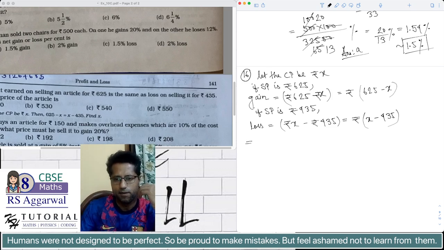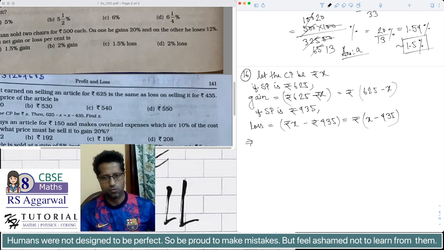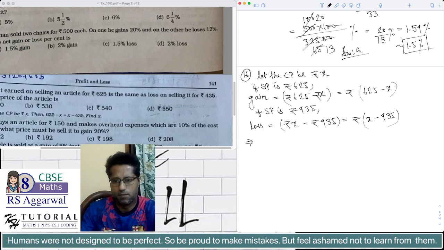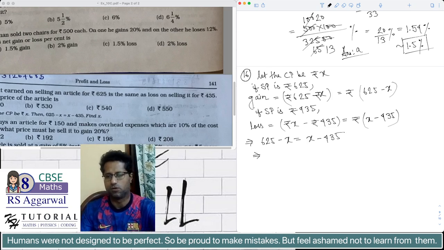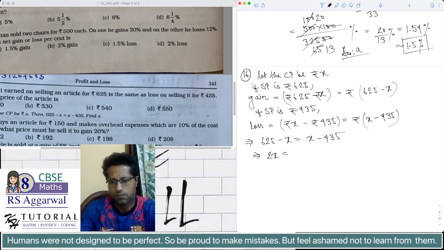Now it is given that the gain in the first case is equal to the loss in the second case. So we must have 625 minus X is equal to X minus 435. This is a simple linear equation in X which we have to solve, and we have 2X is equal to 625 minus 435, which is equal to 190.